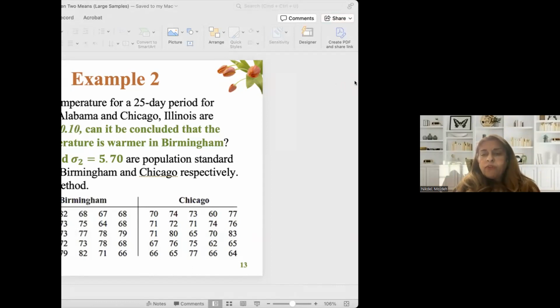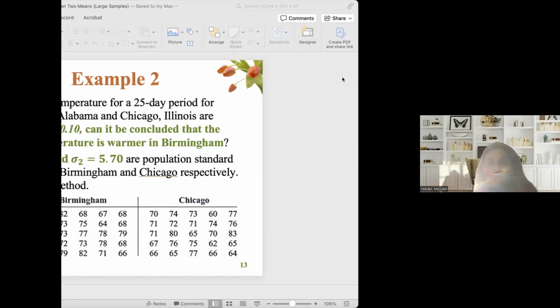So I quit from this window, go to stat, calculate, pick 1-Var Stats, list 1, highlight calculate. I copy X bar on a piece of paper and N. So X1 bar is 72.92, N1 is 25. Copy it on your paper.